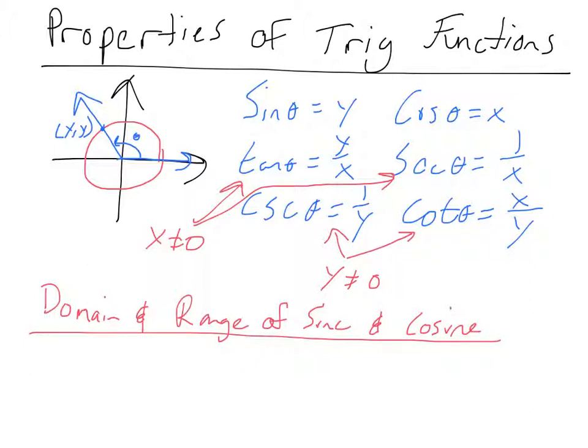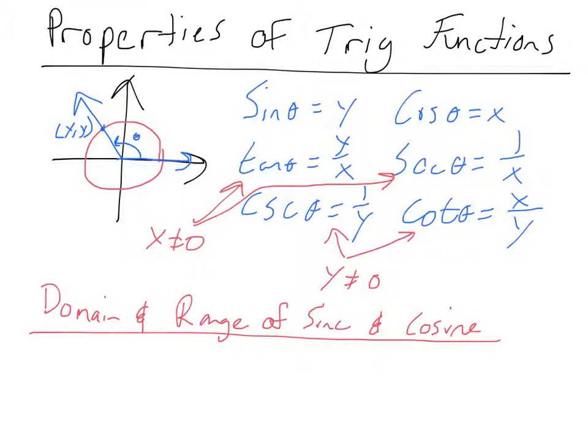Because usually we determine the domain of a function by figuring out what things aren't in the domain, then whatever's left over is the domain, right? So the first question we ask ourselves is, is there any real number that I can't plug in for sine or cosine? And when I say can't plug in, I mean a number that will result in giving us a non-real answer for sine theta or cosine theta. Is there any real number theta, based on our understanding here?